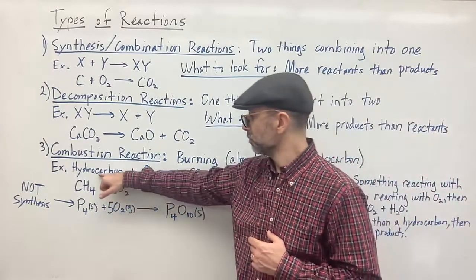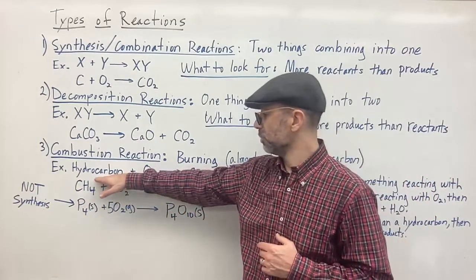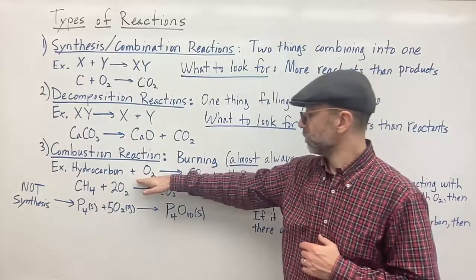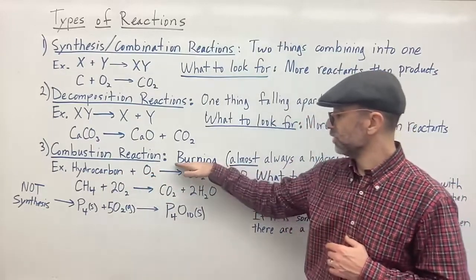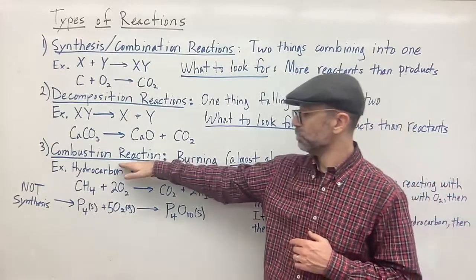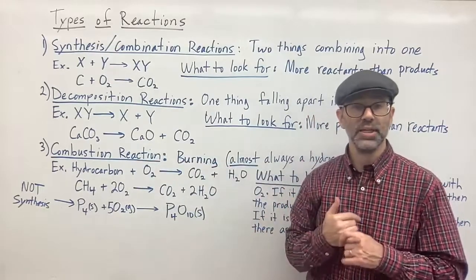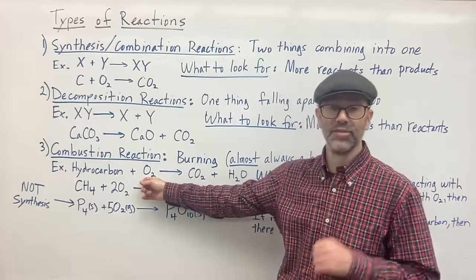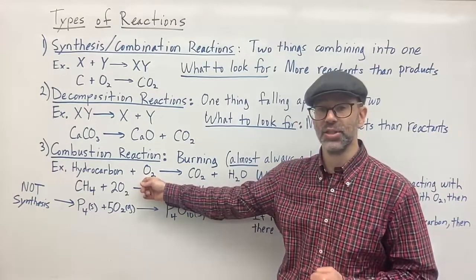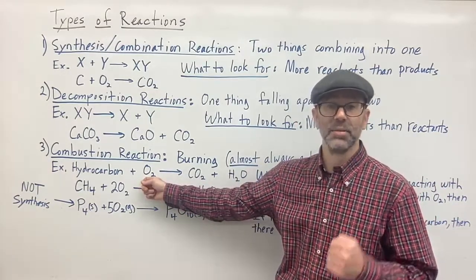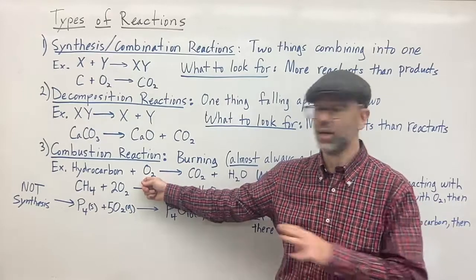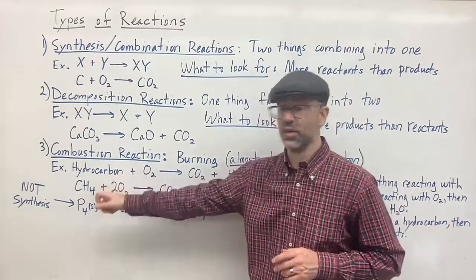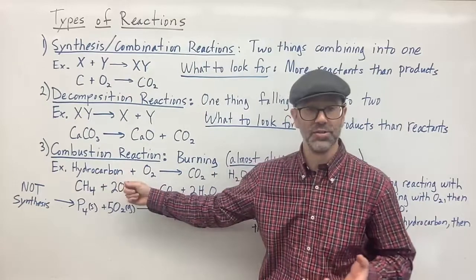Here's an example. You've got some sort of hydrocarbon, and it's always in the presence of oxygen. This is key to a burning or combustion reaction: something is reacting with oxygen. As soon as you see oxygen as a reactant in your reaction, it is a combustion reaction, no matter what this other thing is. It could be a hydrocarbon or it could not be a hydrocarbon.